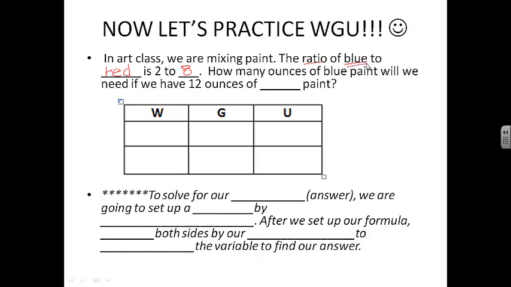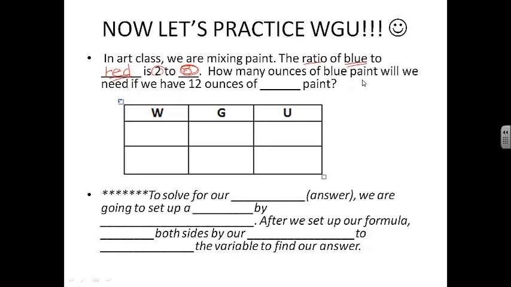Okay, blue is first, and then we put red, right? Well, when you read a ratio, see how you read blue to red? So 2 is going to be associated with the blue, and red is going to be associated with 8 because of the order of the words.